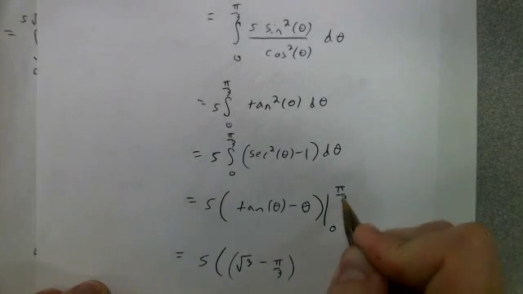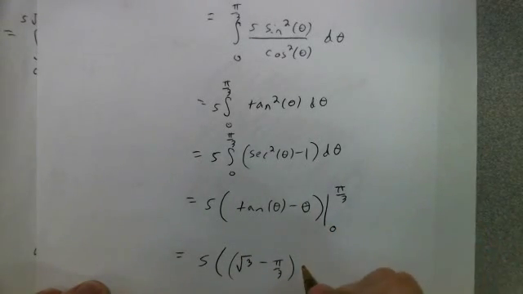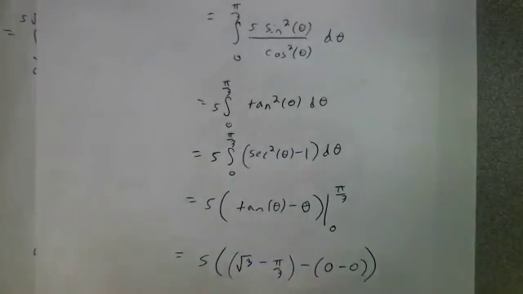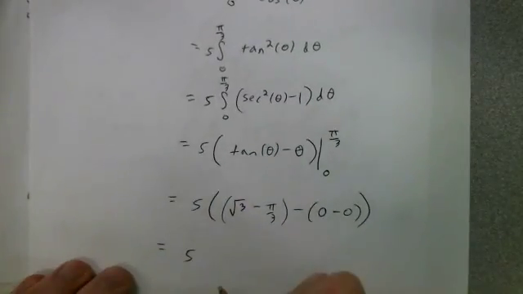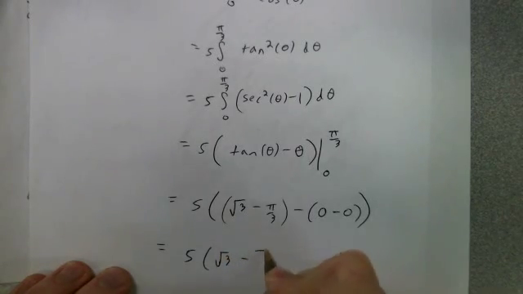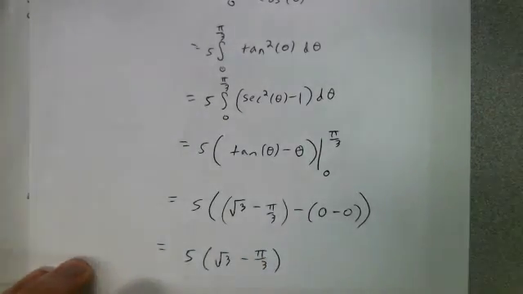Okay, so that's what I get when I plug in the top bound. When I plug in the bottom bound, I'll get tangent of 0, which is 0, minus 0. Oh, okay. So I'm just going to end up with 5 times the quantity root 3 minus pi over 3. And I am done.